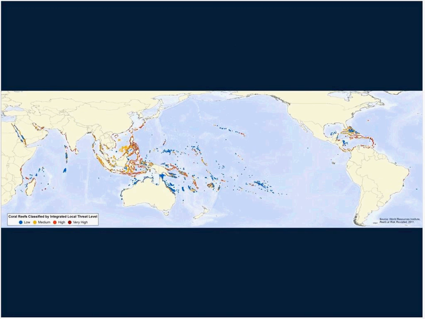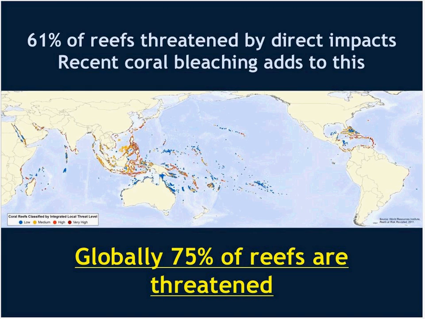Those five layers gave us a map of the threats to the world's coral reefs. And what we found was that 61% of the world's reefs were threatened just by those direct impacts that I talked about. But when we build coral bleaching into this model, and recent means over the past 10 years, we found that 75% of coral reefs are threatened by human activities.